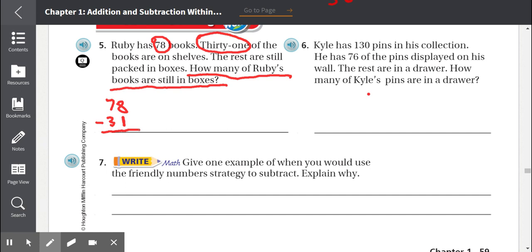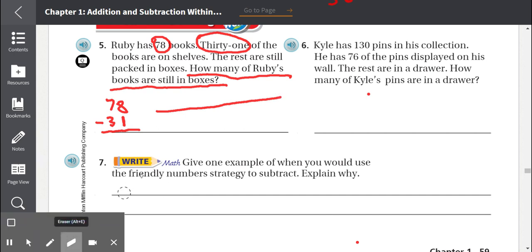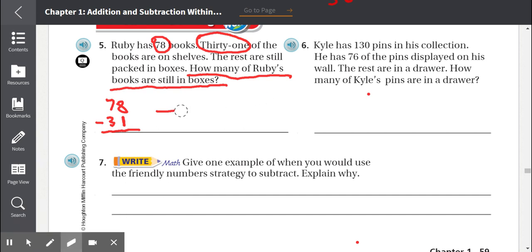So let's use a number line. Our number line over here. So we're going to start with 78, and we're going to subtract 31 by counting back by tens until we can't count back anymore.